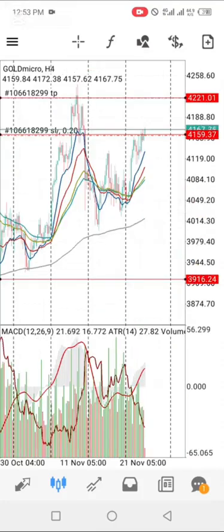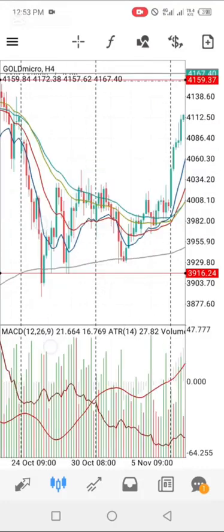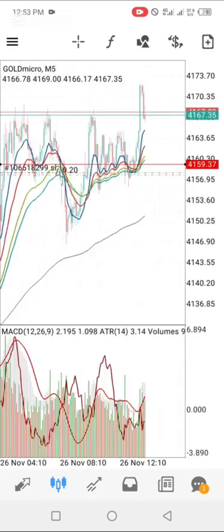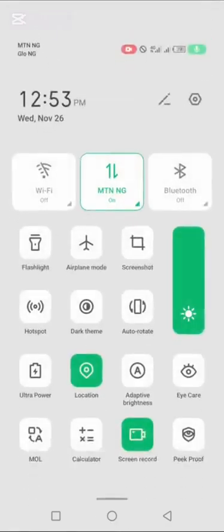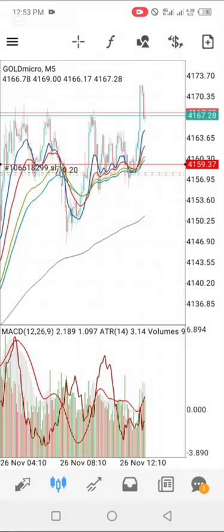No, it didn't shift, it's still there. I'm supposed to view this on a smaller time frame, so let me try to rotate this to give us a horizontal view, so that we can see that level quickly.